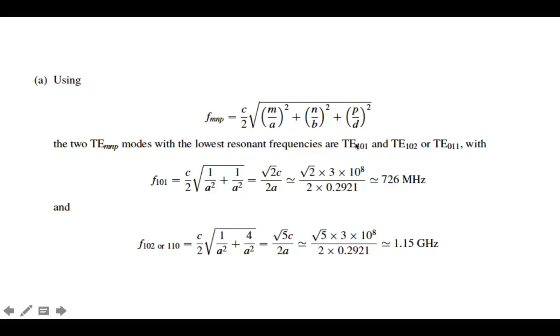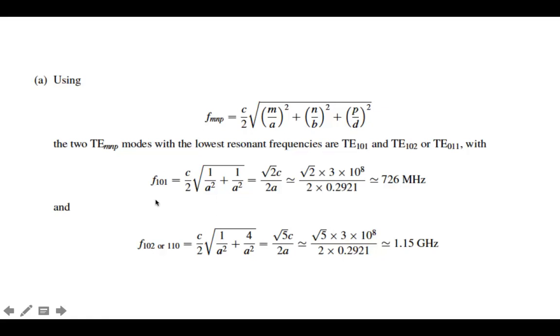And notice that for the first two modes, the B part goes away because N is 0. So you have 1 over A squared plus 1 over A squared for TE101, and you have 1 over A squared plus 4 over A squared for TE102. And then for TE011, you would have 1 over B squared plus 1 over D squared.